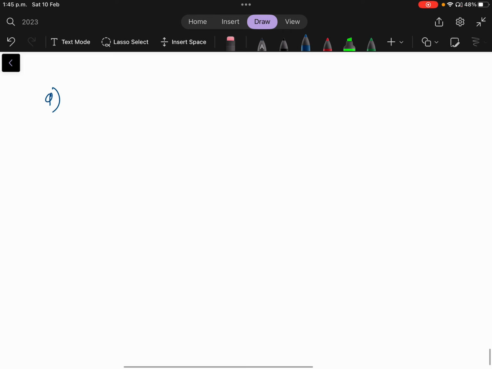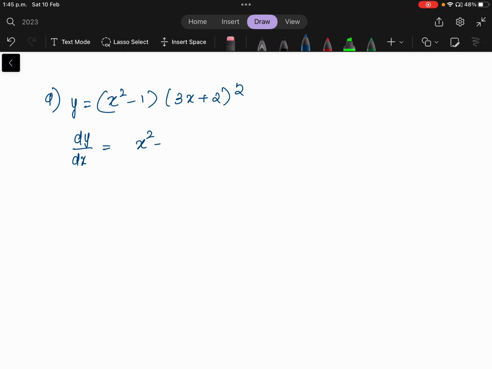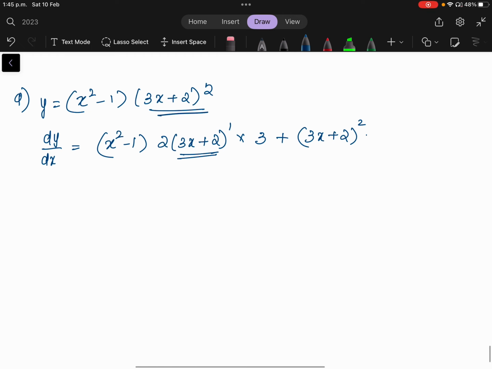Okay, let's do another question. (x square minus 1) times (3x plus 2) to the power of 2. So dy by dx is equal to (x square minus 1) times 2. Differentiate this again, so it is like 2 times (3x plus 2) to the power of 1 times, differentiate it again, so it is 3, plus (3x plus 2) to the power of 2, differentiation of the first term, which is x square minus 1, it is 2x, and that's it.